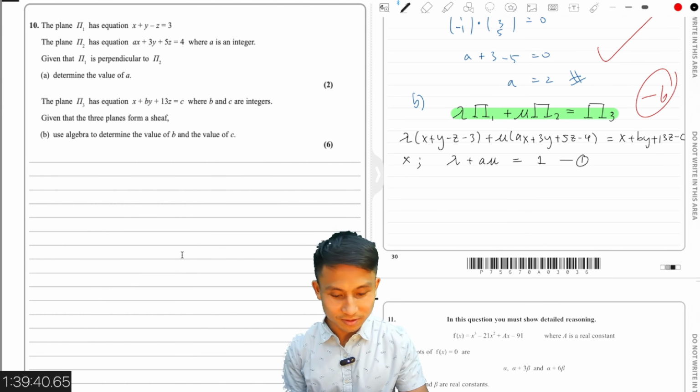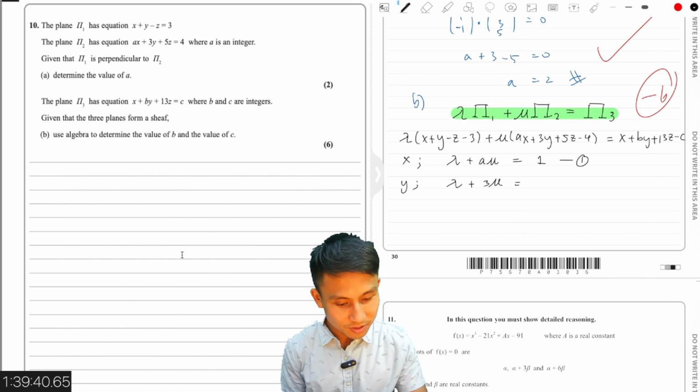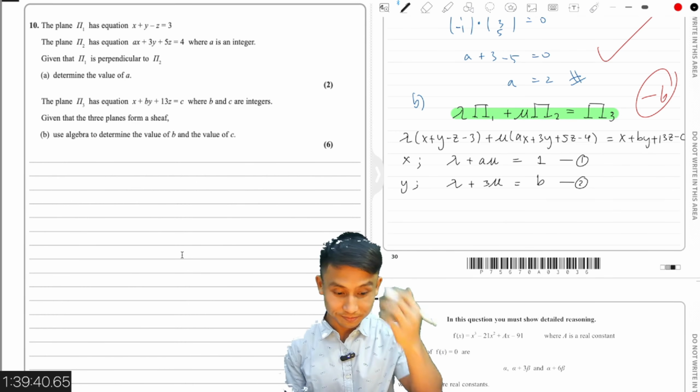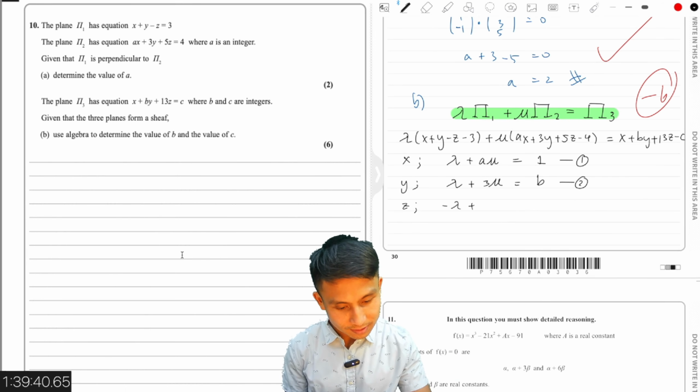That's equation 1. We consider the y component. We have lambda from the first one as well. We have 3 mu from the second one. And then we have b for the right-hand side. For the z component, we have minus lambda, because you multiply this in, you get minus lambda, plus 5 mu for the second one, and then 13.